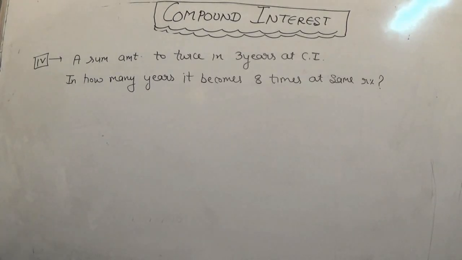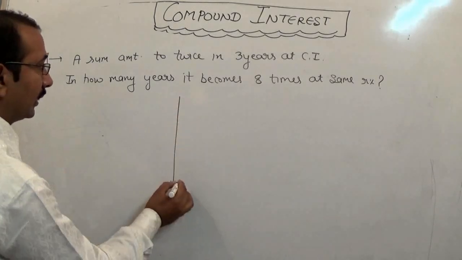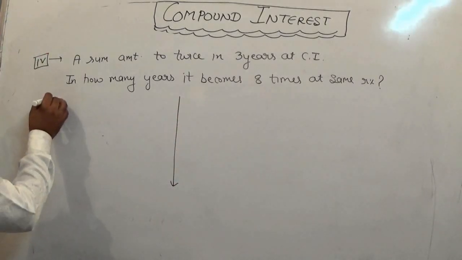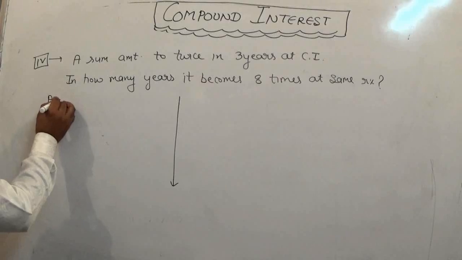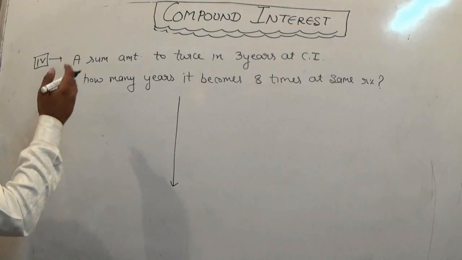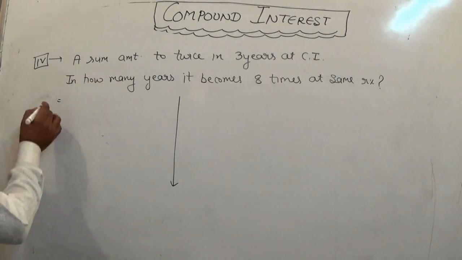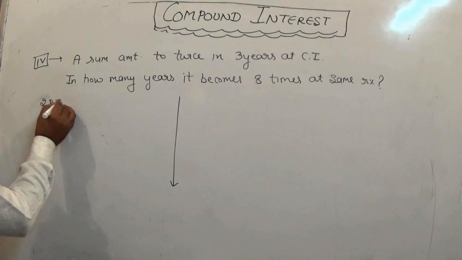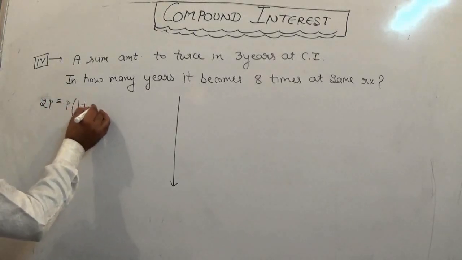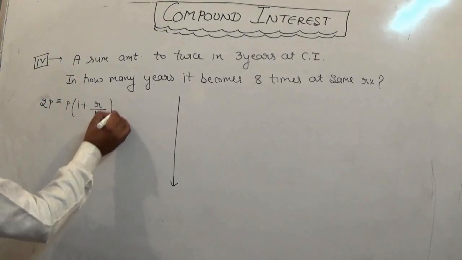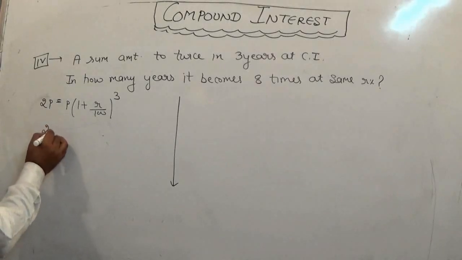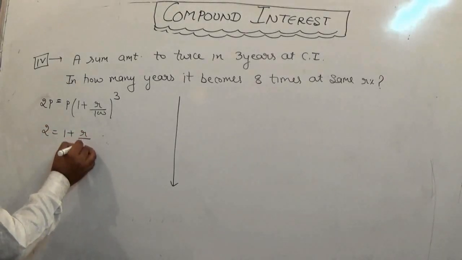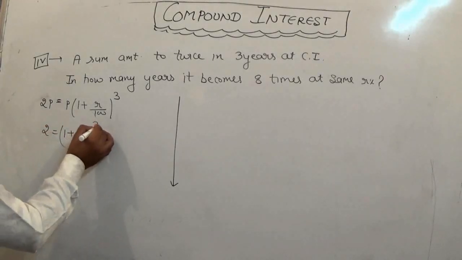We have two approaches. The first one is the standard concept. If the principal is P and the amount is A, a sum amounts to twice means that if P is the principal, the amount becomes 2P. So 2P equals P into 1 plus R by 100 raised to power 3, or 2 equals 1 plus R upon 100 raised to power 3.